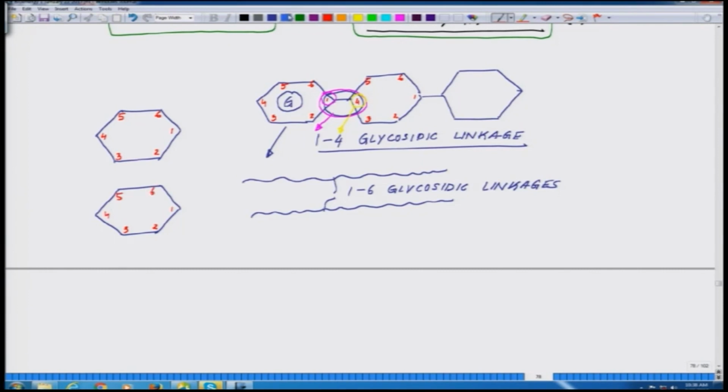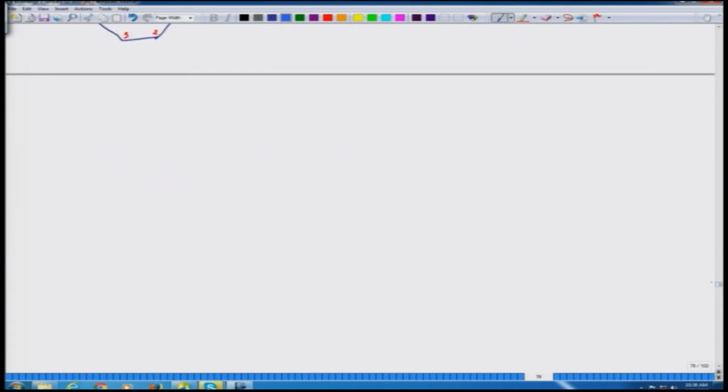If a bond is formed between this one and this one, then those are called 1,6 glycosidic linkages. So plants contain two major storage forms, which we have already talked about: one is the starch and the other one is the sucrose.